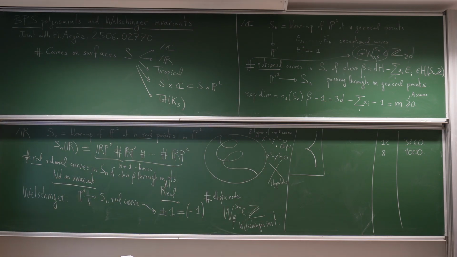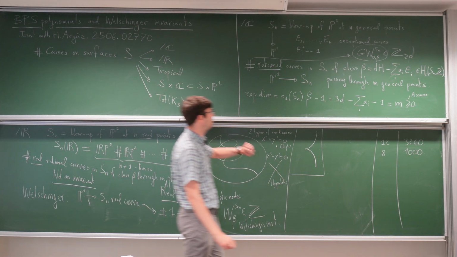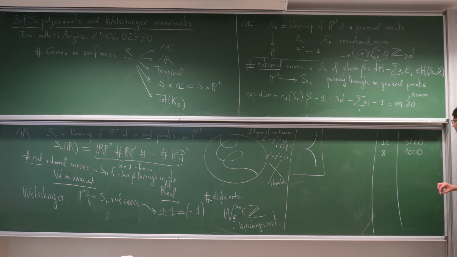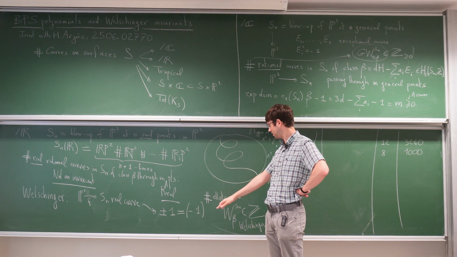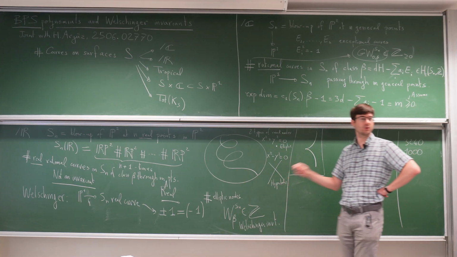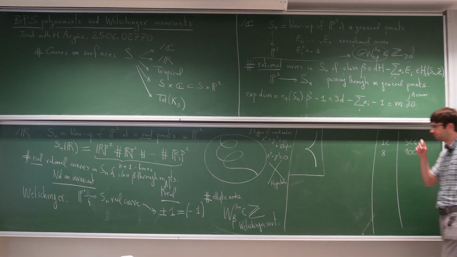In the same way that there is the WDVV equation calculating all these genus 0 complex Gromov-Witten invariants, there are recursion relations, first proposed by Solomon and proved later by other people. There is a real or open analog of the WDVV equation which provides recursions for these numbers and which are strong enough to calculate these numbers.